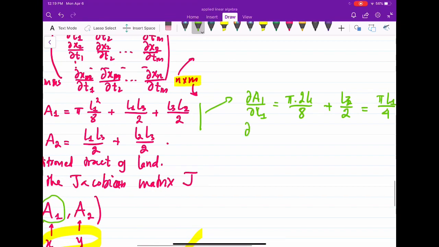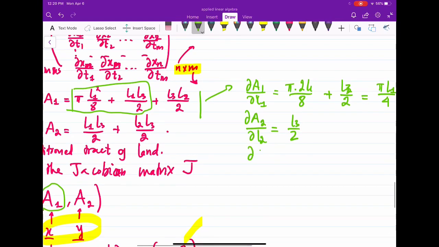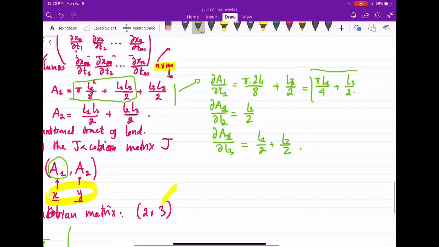All right, so secondly, I have partial A1 over partial L2, which is just L3 over 2, because in the first two terms, we don't have L2, right? And we have here partial A1 with respect to L3, which is L1 over 2 plus L2 over 2. So I just copy these three values and write them in row form.